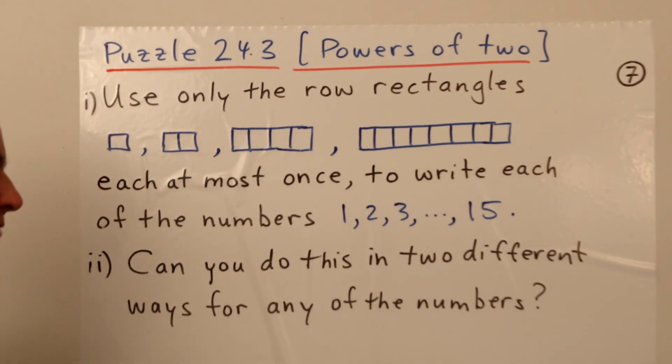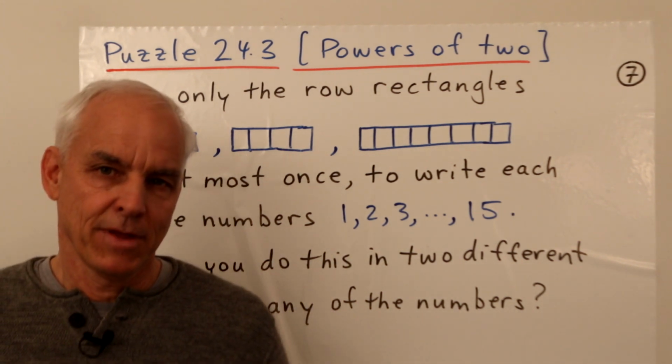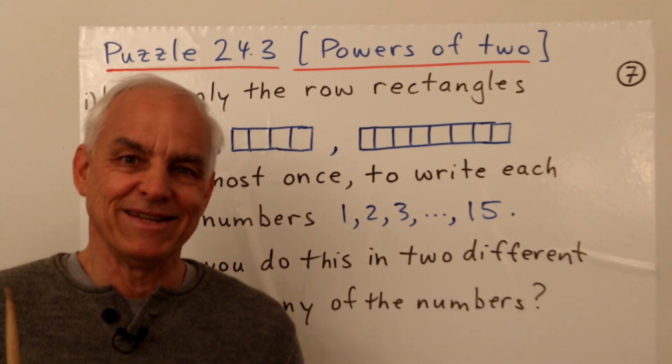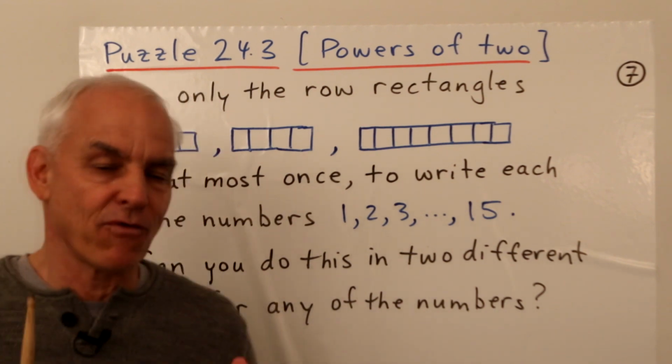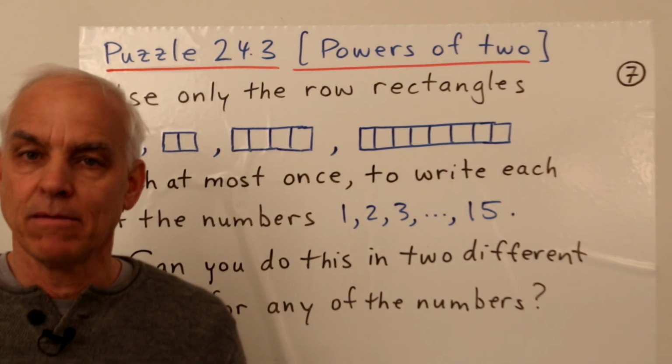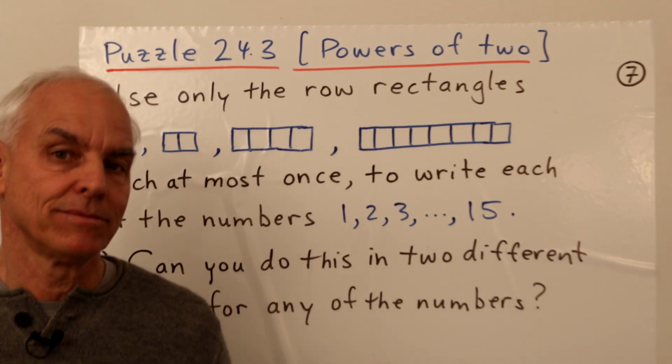The second part of this puzzle is, can you do this in 2 different ways for any of the numbers? Are there any numbers in here for which you can find 2 different ways of writing them as combinations of these 4 basic power of 2 tiles?